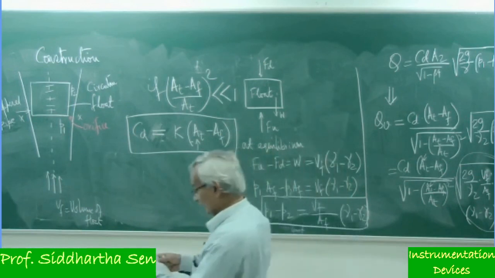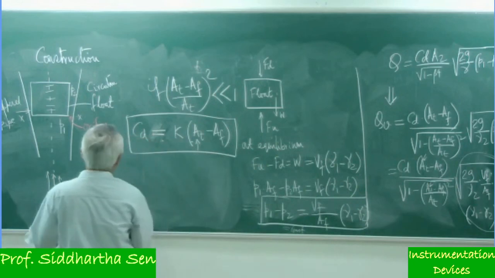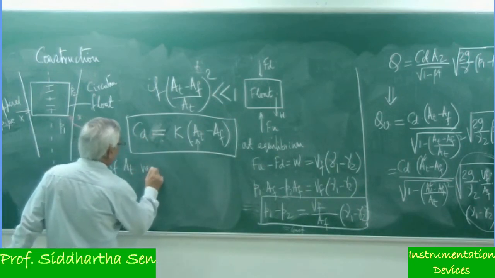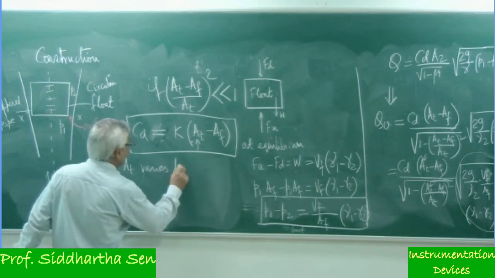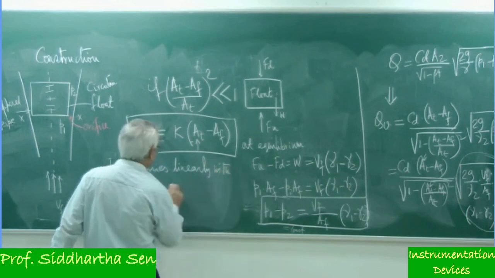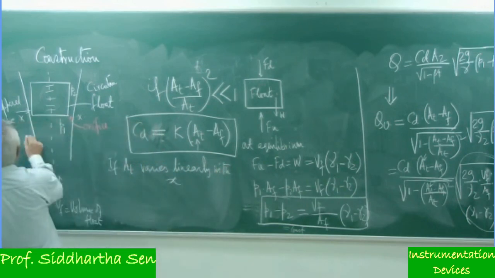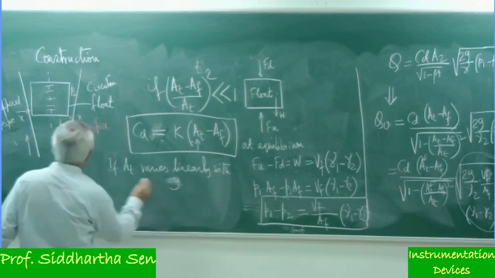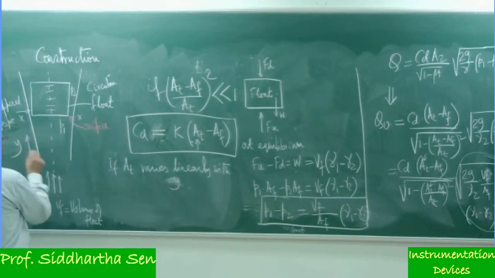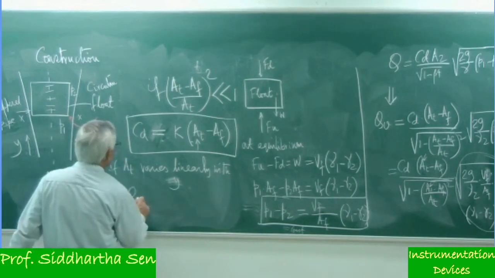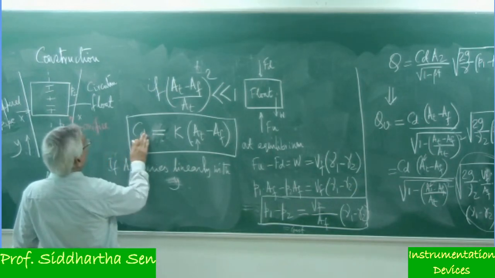So we can say that if AT varies linearly with, say, Y, in the Y direction, then QV, why did I call it CD?